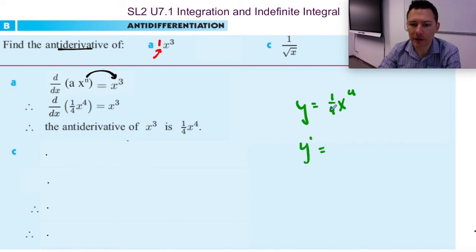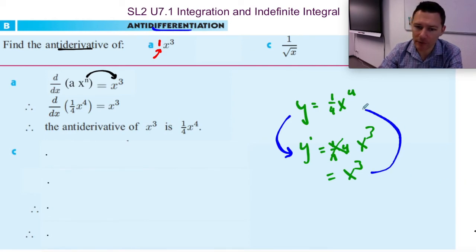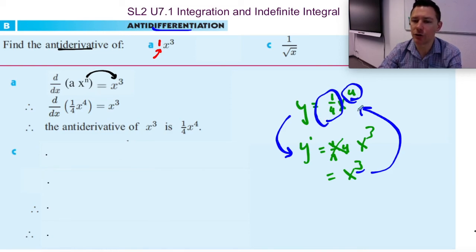You'd say 4 times a 4th, there's your x, and then you decrease the exponent by 1. The 4 and the 4th cancel out, give you 1, and you're just left with x cubed, which is what we want. So this is the derivative. We want to take the antiderivative, which is just going backwards. So increase the exponent by 1, and in front is the reciprocal of the new exponent.